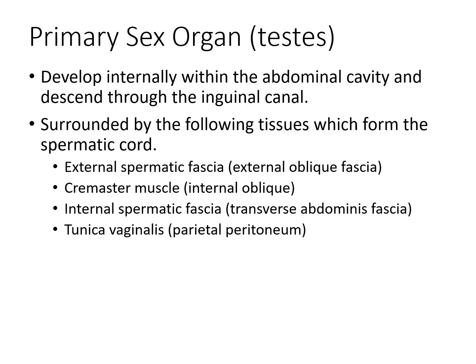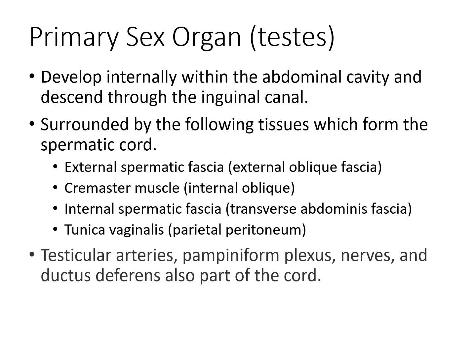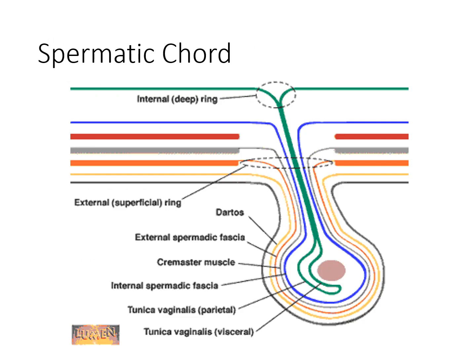So these different structures, along with the testicular arteries, the pampiniform plexus, some nerves, and another tube known as the ductus deferens, all become incorporated into what's known as the spermatic cord. And here's just an illustration looking at this structure. I'll post this, and you can spend some time with it.